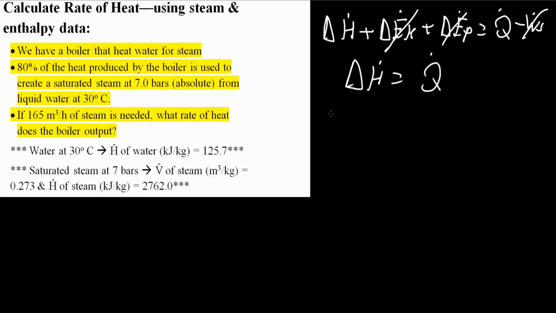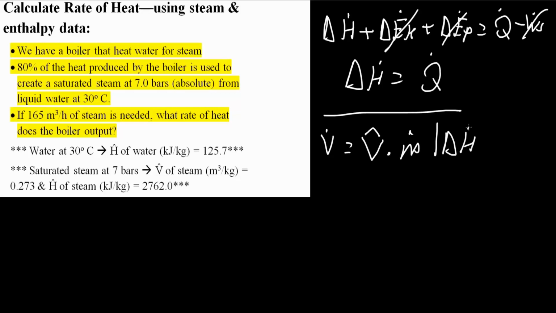A few things to consider is that the volumetric flow rate is equal to the specific volume times the mass flow rate. Also, the change in H is equal to the mass flow rate times the specific enthalpy.